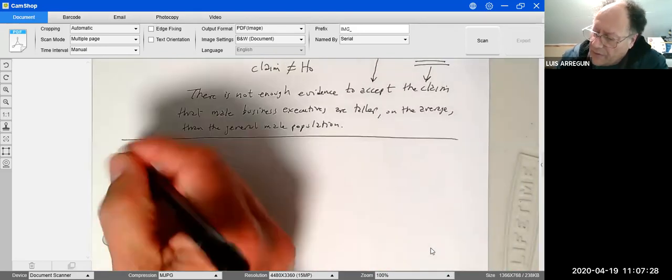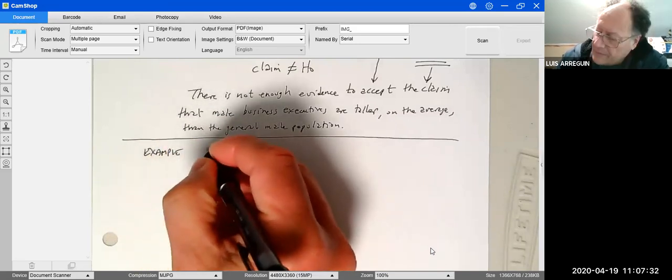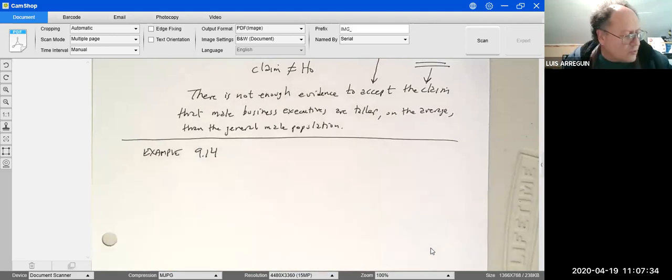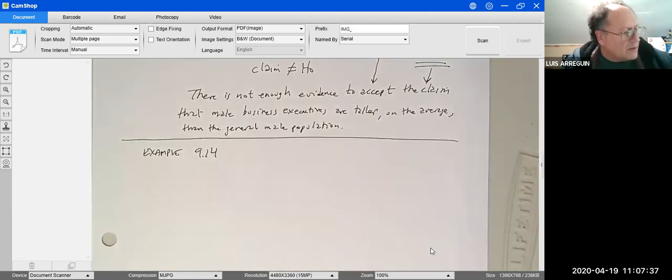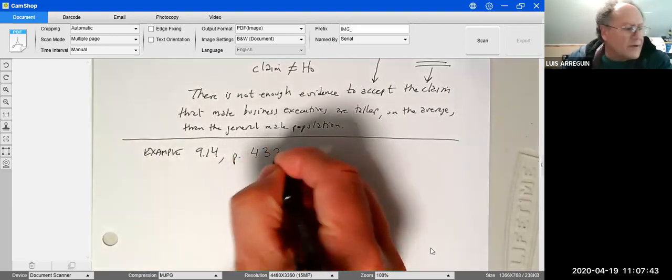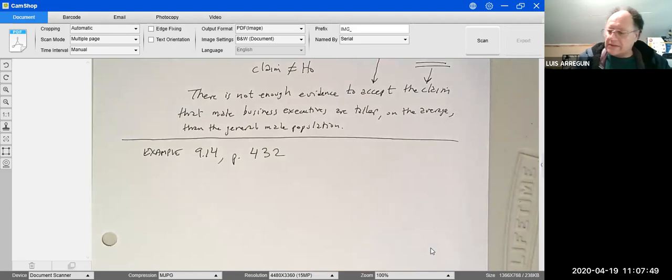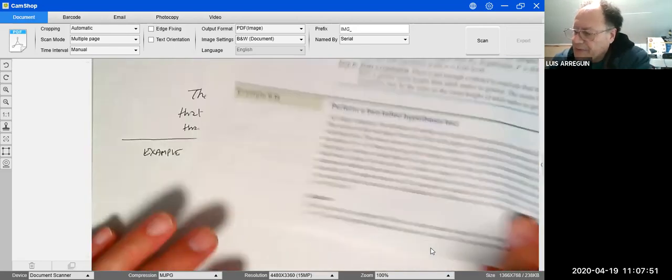Let's work one more problem. We have example 9.14 because I'm going to show you how to deal with the two-tail test. So this is on page 432. That's 9.14. So let's read the problem.